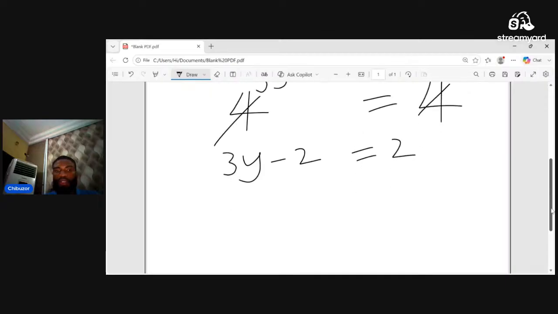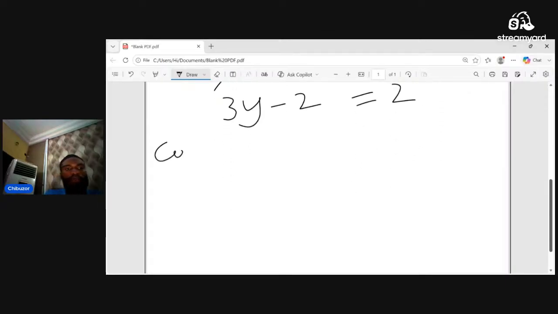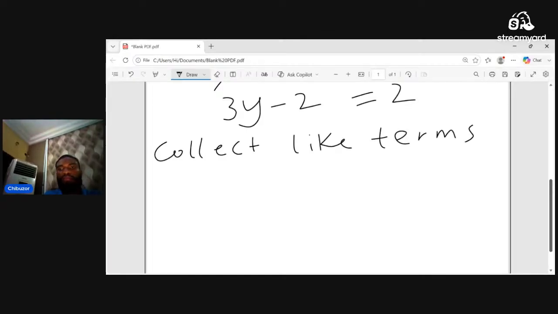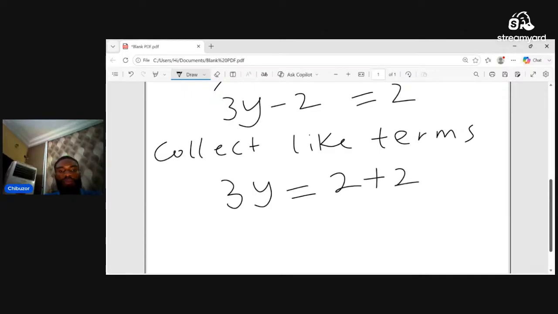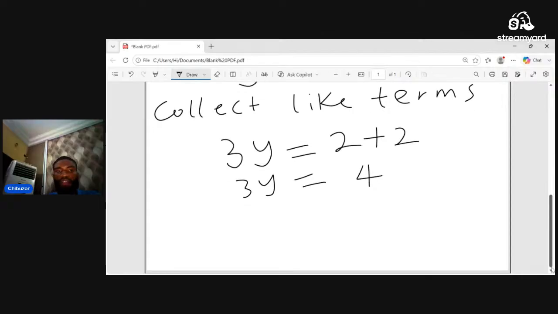So how do we do this? We collect like terms. That is 3y is equal to 2, minus 2 will cross over and become plus, that is 2 plus 2. So we have 3y is equal to 4. Divide this by the coefficient of y, which is 3.